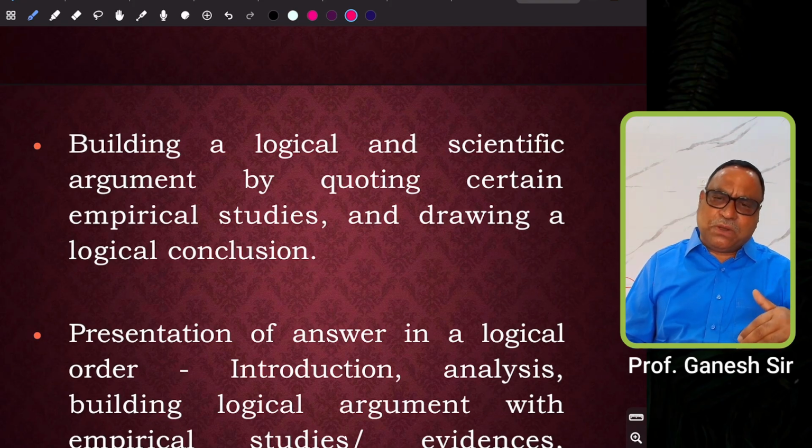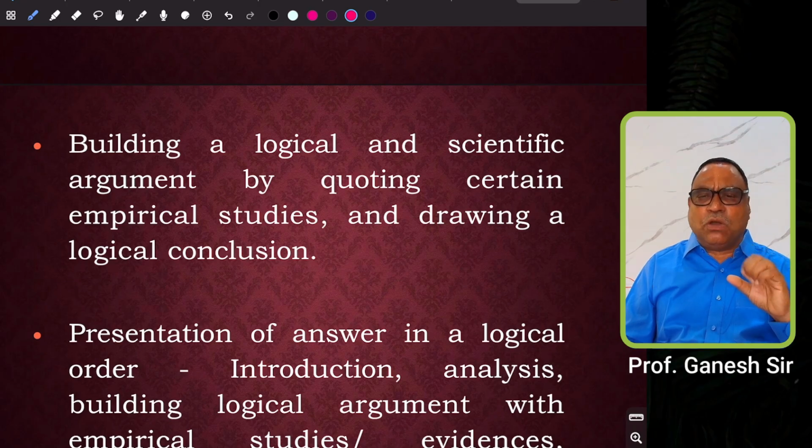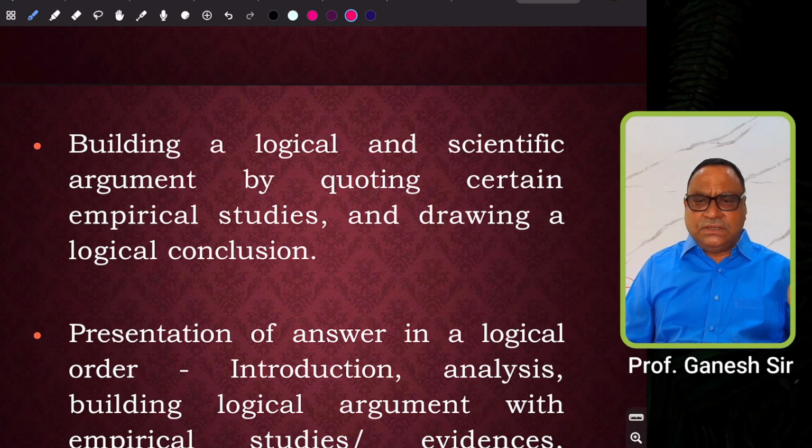Then when it comes to Paper 2, specifically for certain topics, the empirical studies conducted by the sociologists need to be mentioned. For example, if a question is related to the caste system, caste dynamics in Indian society, or changing trends in the caste system, the student is supposed to present the essence of the empirical studies conducted by sociologists like G.S. Ghurye, M.N. Srinivas, Andre Beteille, Yogendra Singh, Louis Dumont, and David Hardiman.